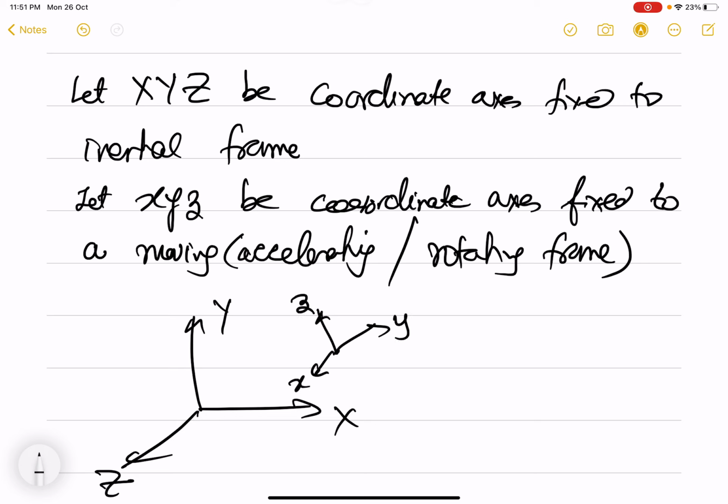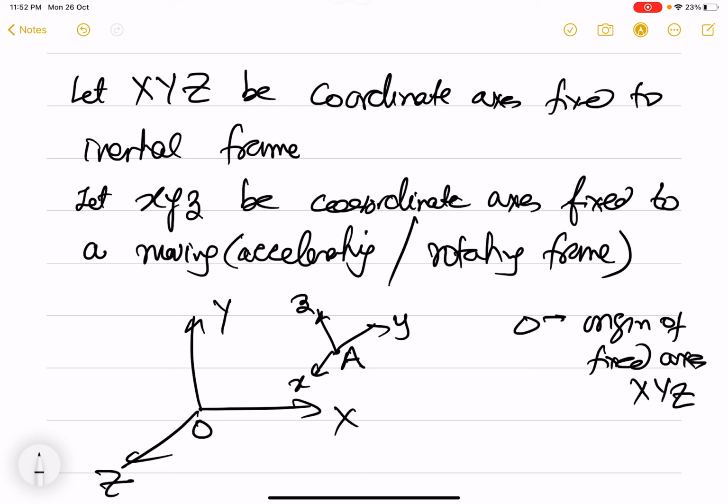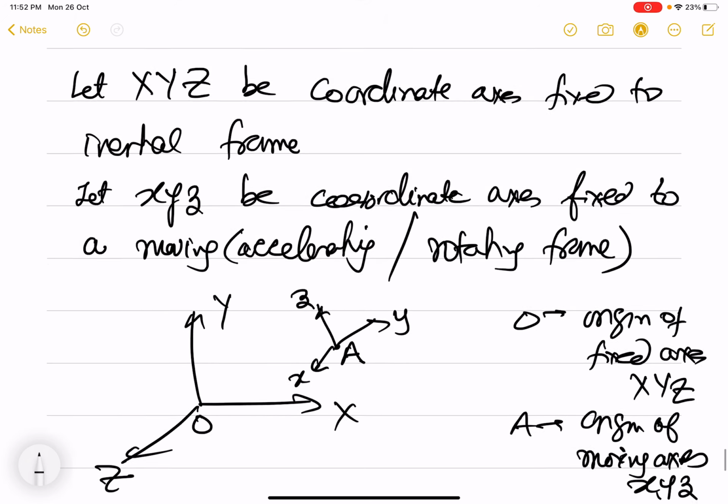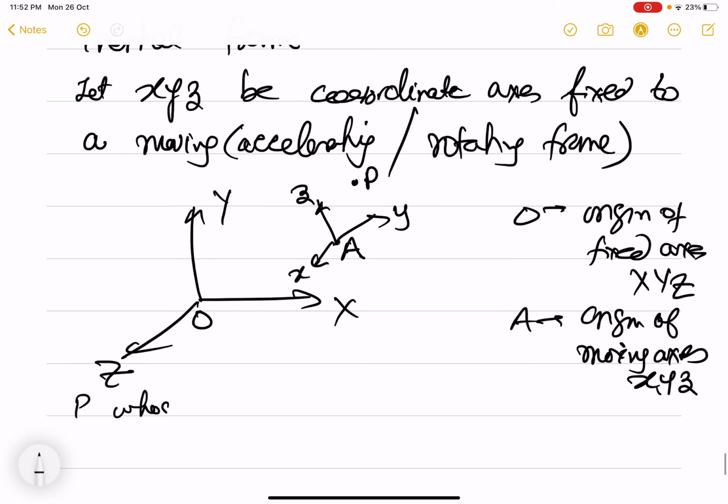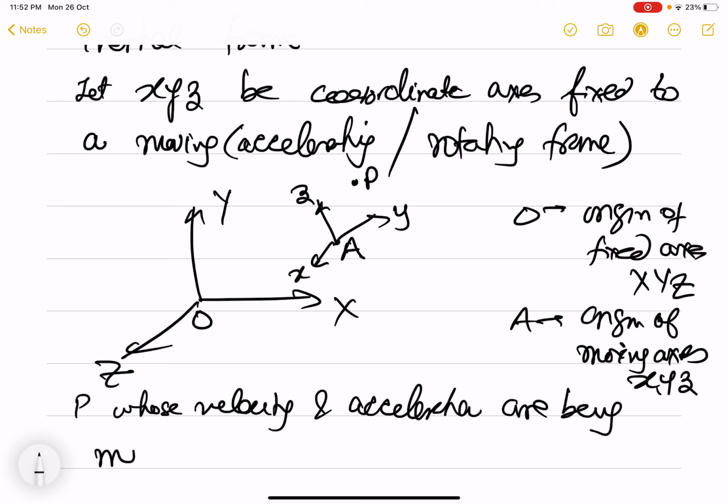Point O is the origin of the fixed axis, capital X, Y, Z. A is the origin of the moving axis, small x, y, z, and there is a point P whose velocity and acceleration are being measured with respect to both the fixed and moving frames.